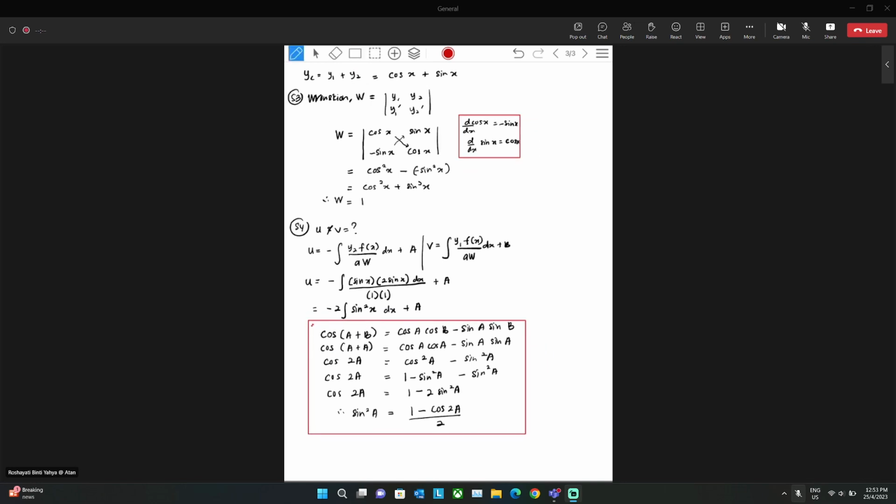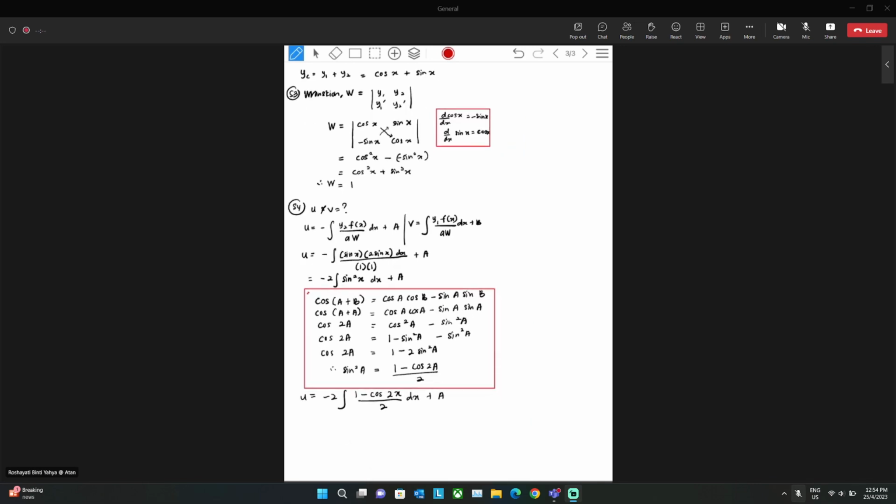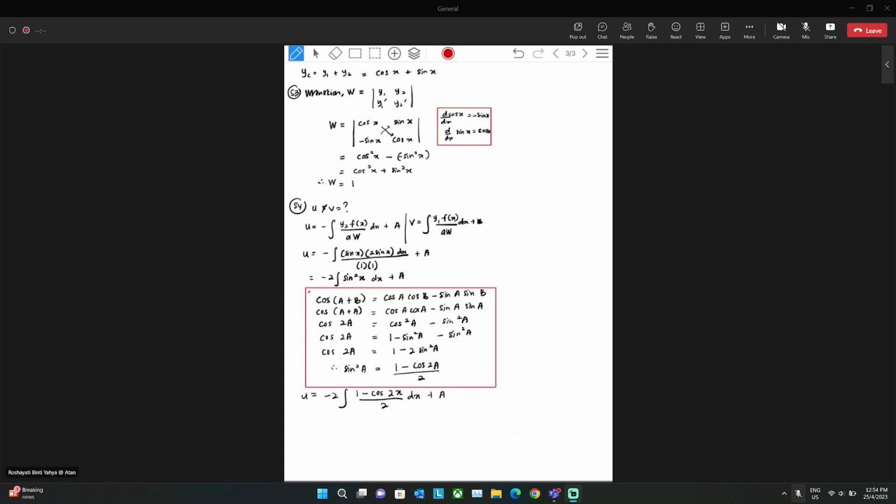Then based on this, u equal to negative 2 integration of (1 minus cos 2x) over 2 dx plus a. Equal to negative, integrate 1, you will get x.